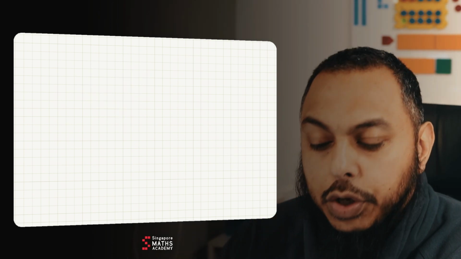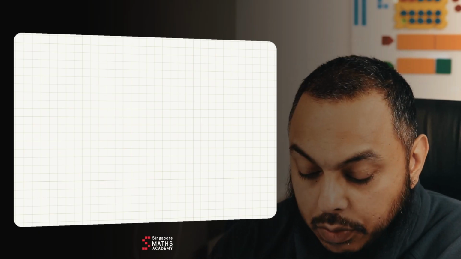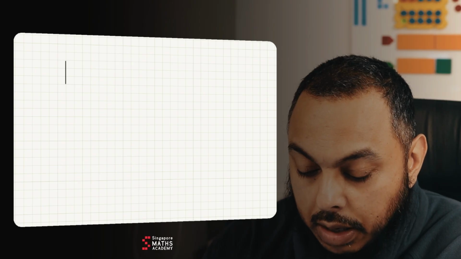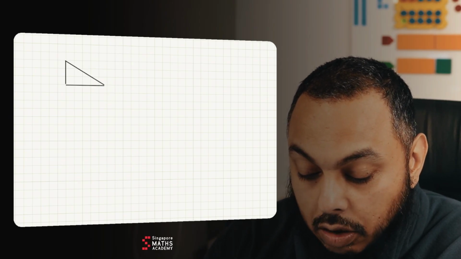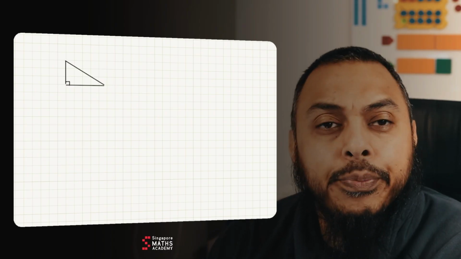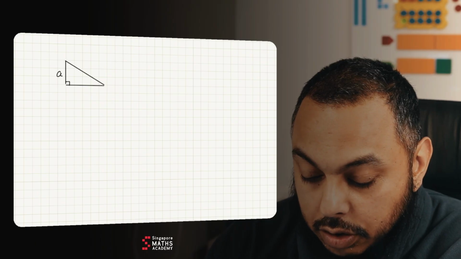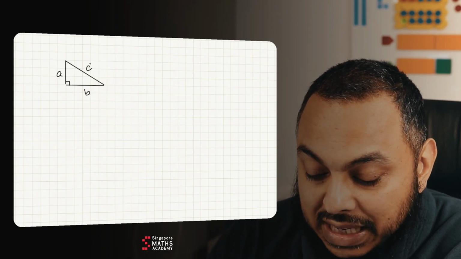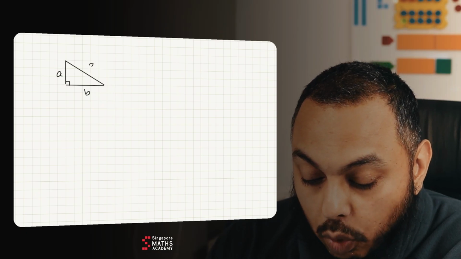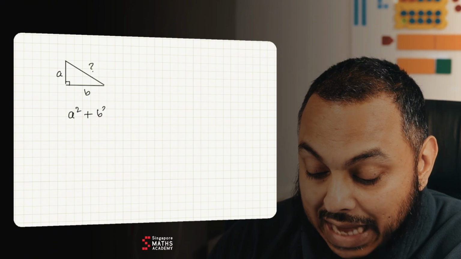Okay, so before you go on to the questions for the lesson, just a quick recap. We've got a right angle triangle. Pythagoras theorem helps us to work out a length of any right angle triangle as long as we have 2 sides. Now, if we're given the 2 shorter sides and we're asked to work out what C is, then what we do is we square the 2 shorter sides and add them together.